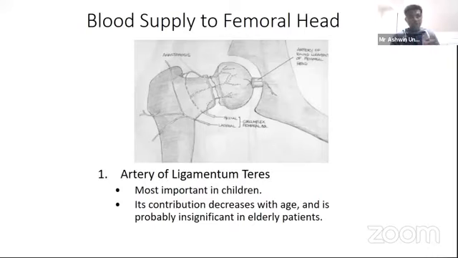Most of the questions are asked about the blood supply of the femoral head. The majority of that blood supply comes from the ligamentum teres, as we all know, mostly in children. And as age goes by, the ligamentum teres blood supply in the elderly decreases.